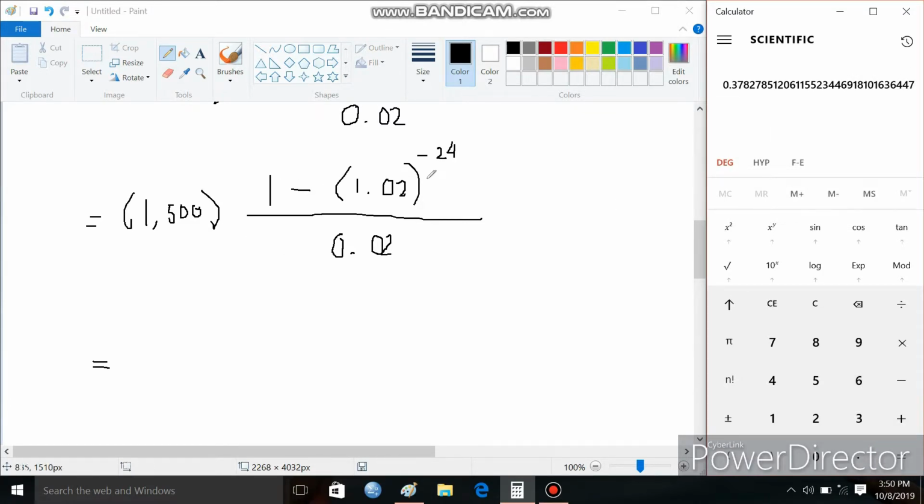After typing this numerator, we need to divide it by 0.02, since this number is the denominator of the fraction.